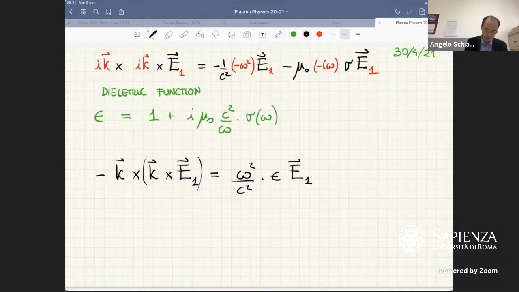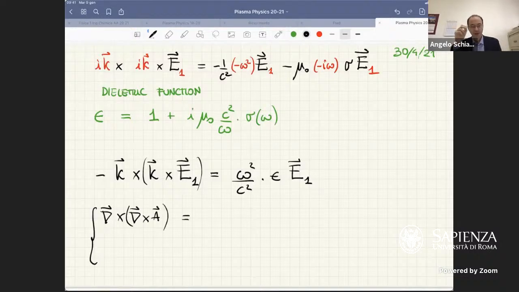So we can write, let's say, the curl of curl of a vector quantity A equals the grad div minus the Laplacian.